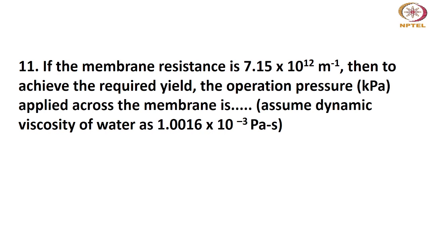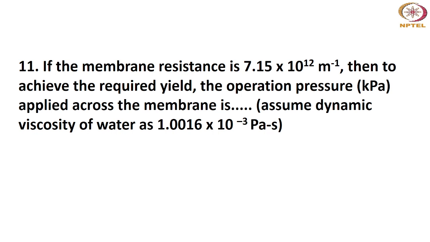The next one, a common data question. If the membrane resistance is 7.15 into 10 to the power 12 meter inverse, then to achieve the required yield, the operating pressure in kilopascal applied across the membrane is how much?